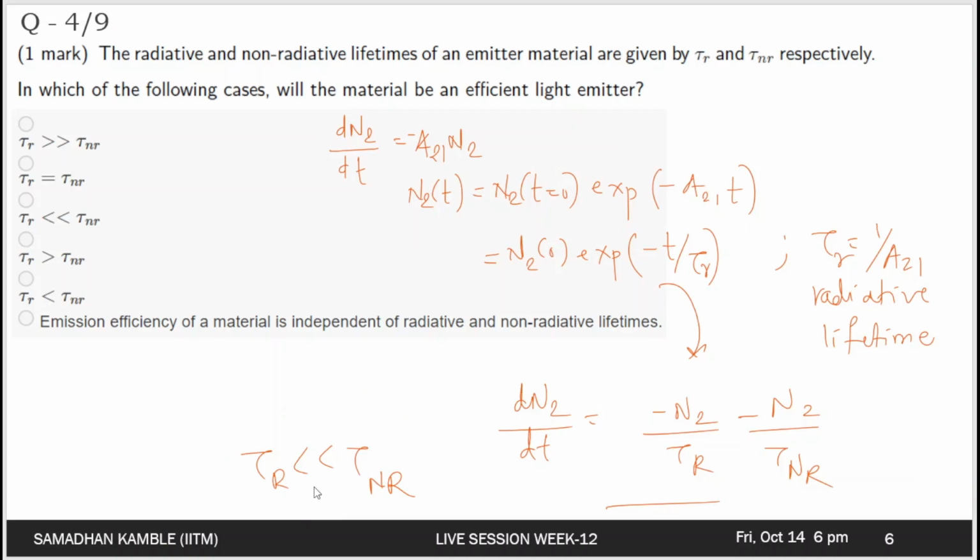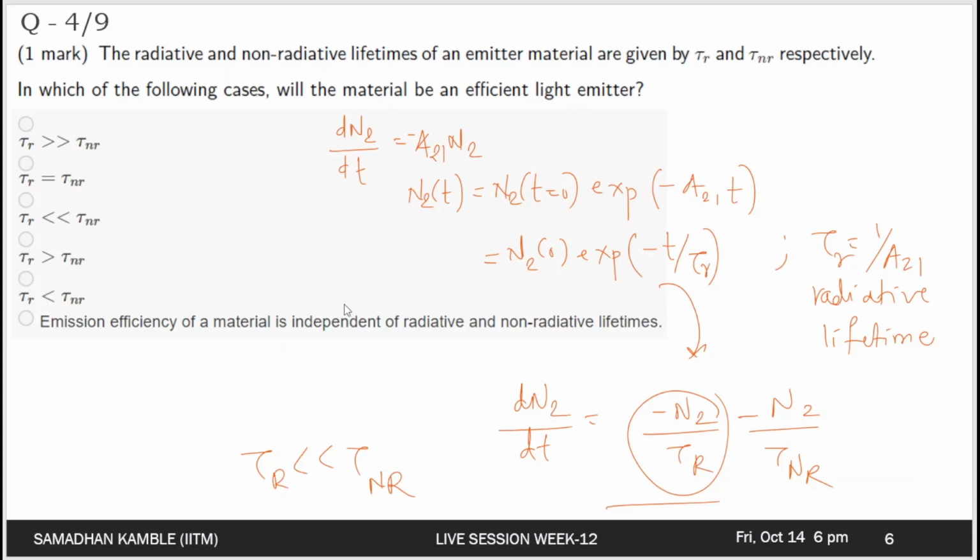When tau r is small, this particular parameter is going to be larger, and this being large means the light emission is efficient. In this case, light emission is efficient in a way that we are saying A21 is large indirectly. So you want it to quickly emit light, to quickly emit photons.